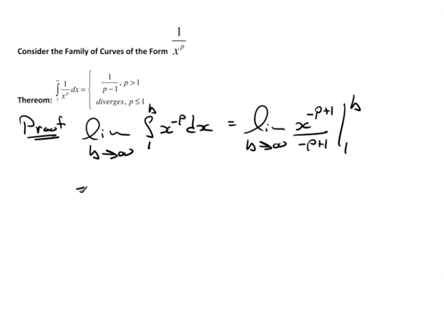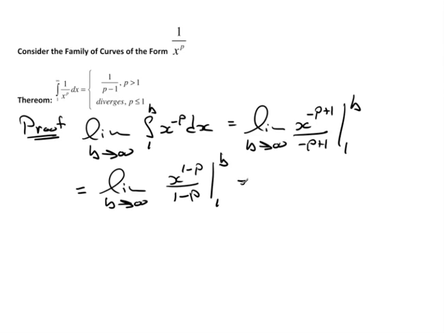I'm going to rewrite this as the limit as b goes to infinity of x to the 1 minus p over 1 minus p, evaluated from 1 to b. That wasn't a necessary step, but I think it cleans it up a little bit.